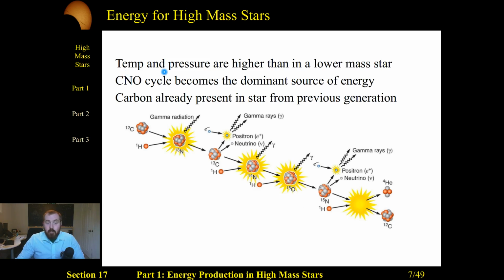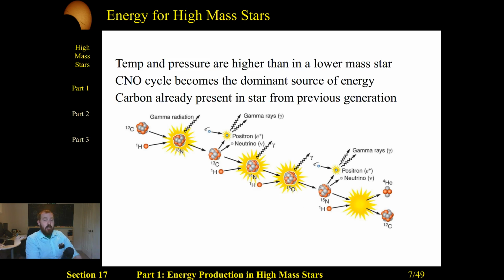Emphasis: temperature and pressure are higher than in low mass stars. Low mass stars, you've got that core of hydrogen and a bit of helium present. You go to the high mass stars, yes, that's there, but there's also a steady source of carbon present. The source of the carbon that's in the core of the stars is basically a previous star generation.